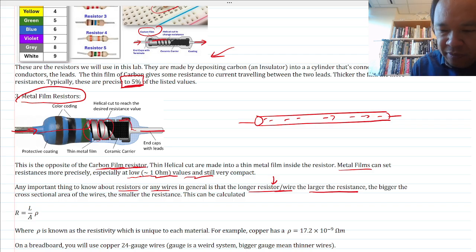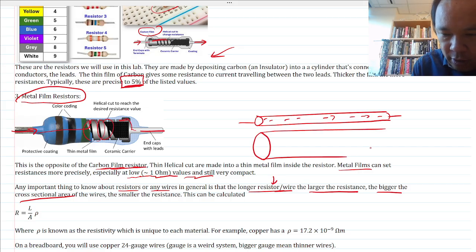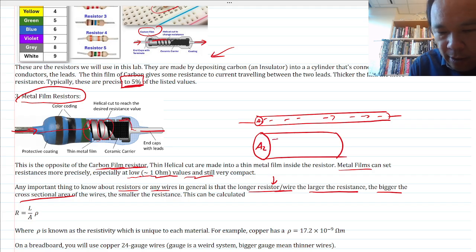And the bigger the cross-sectional area, let's say a resistor with a very large cross-section but maybe shorter, so this is area 1, this is area 2, you can imagine more electrons per unit length can pass through it. So this makes the resistance go down, while skinny, long wires make the resistance go up.